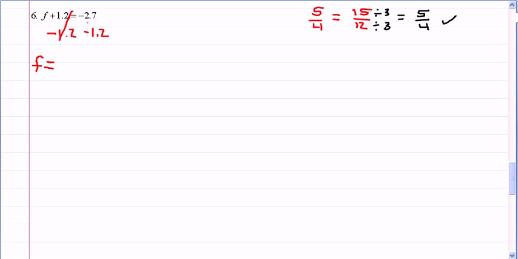And negative 2.7 minus 1.2, if I write that out horizontally, negative 2.7 minus 1.2 is the same as negative 2.7 minus a positive 1.2, and I'm subtracting, so I have to use keep, change, change.